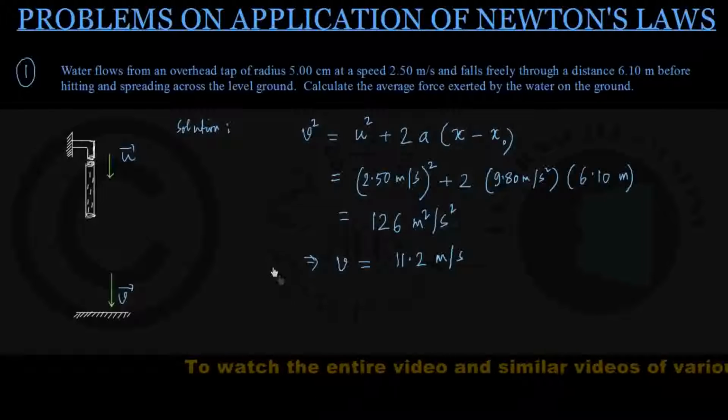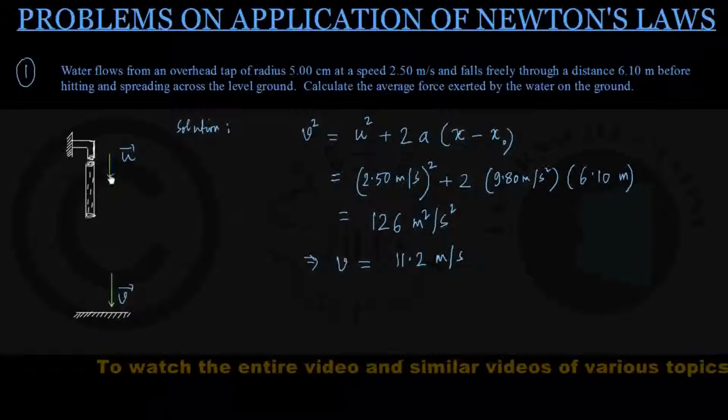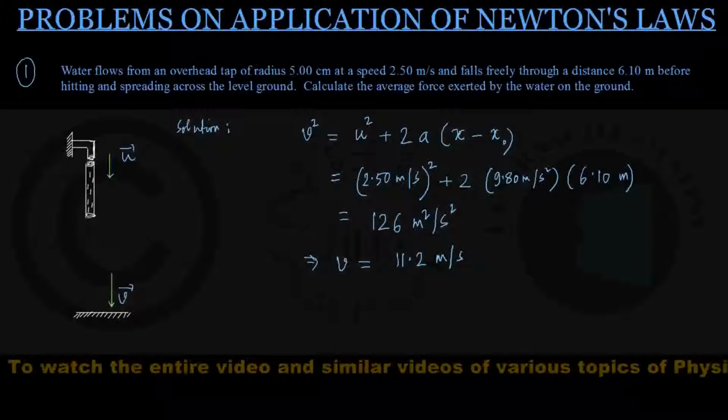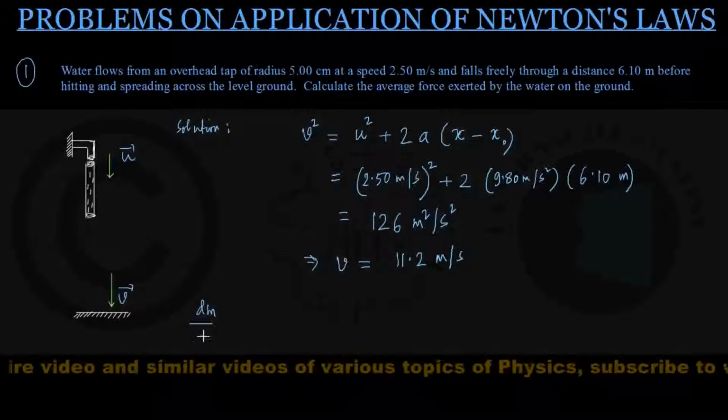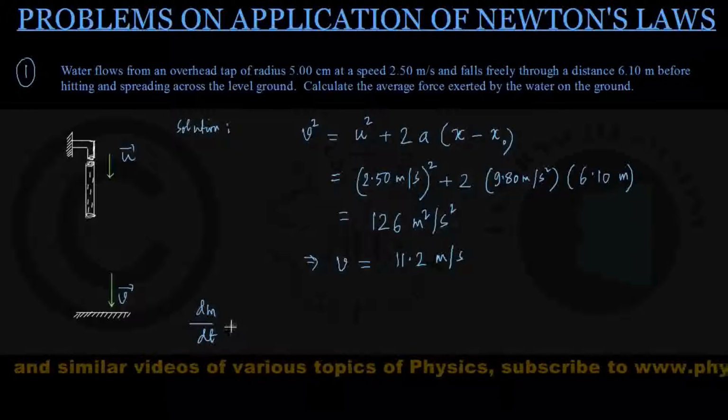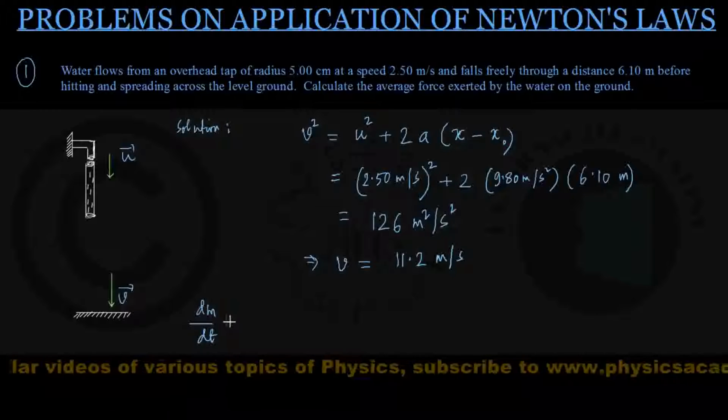My next work is to find out what is the mass of water that is hitting the ground per second. That is dm dt. This is of course a symbol for the mass of water hitting the ground per second.